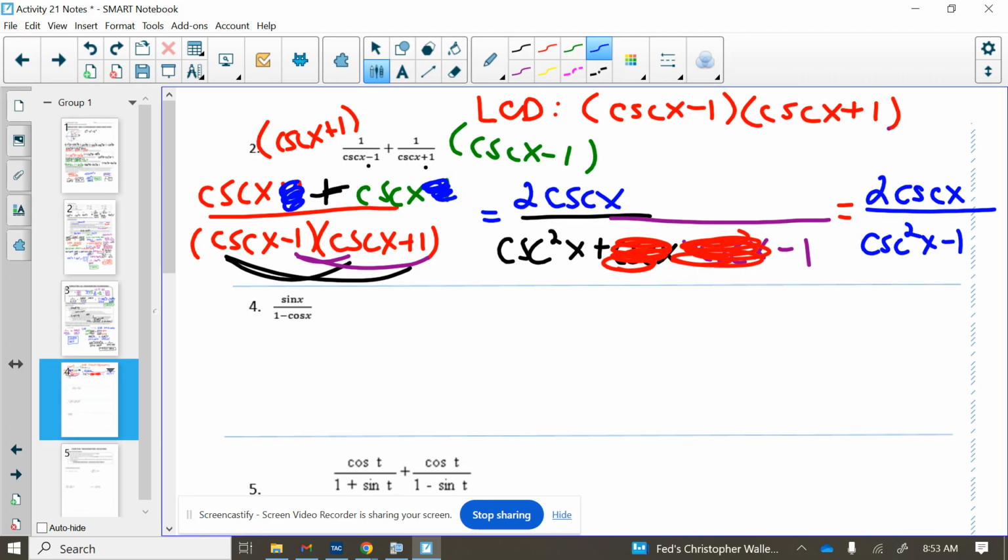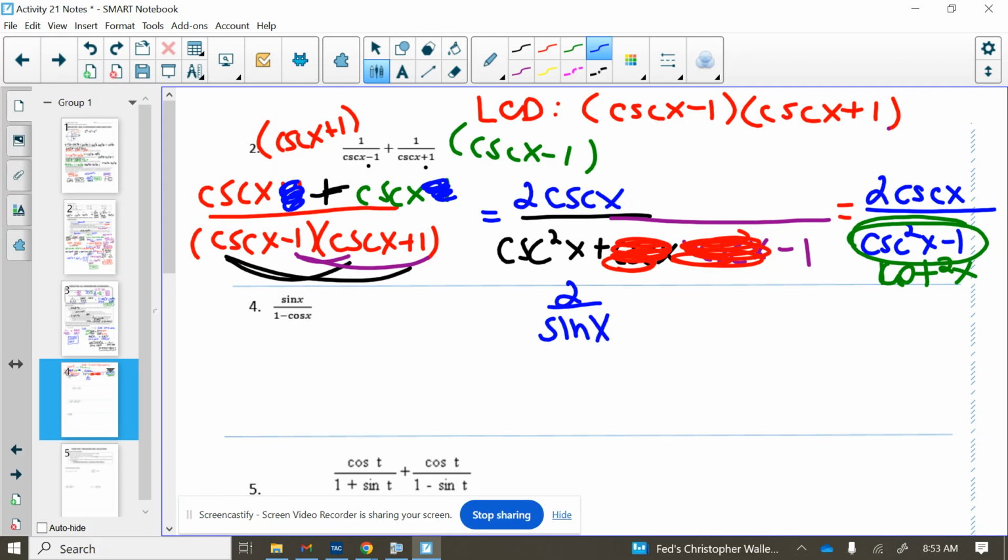Now, it is very tempting at this point to want to cancel out those cosecants. But notice this is not just being multiplied, right? It is being subtracted. So instead, what we're going to do is we're going to use a Pythagorean identity, and we can substitute in first cosecant squared x minus 1, cotangent squared, and we are left with then 2 cosecant, which we could write as 2 over sine.